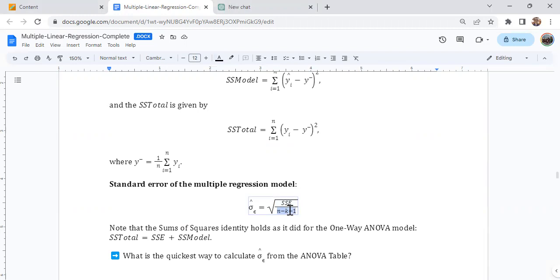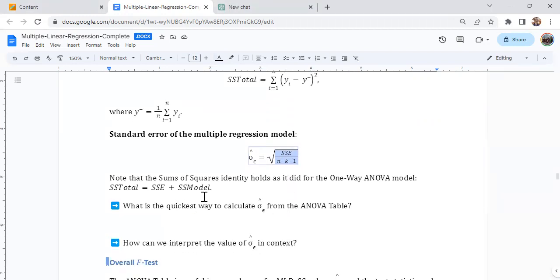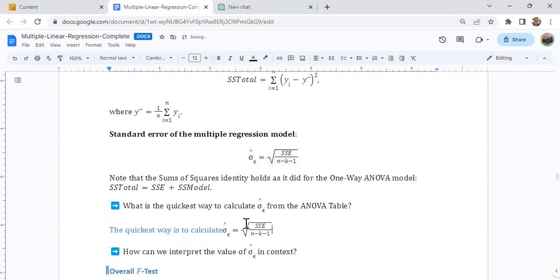And then what's the whole thing underneath the square root there? MSE. So the quickest way is to calculate, and then we can just copy this equation.